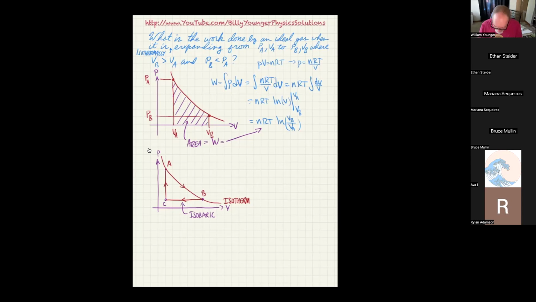That means the horizontal axis variable is a constant, and that means it's isovolumetric. Okay. So if we wish to calculate, for instance, the entire work done going around that loop, then that area would be the work done. And in this case, it's just the area inside of here.